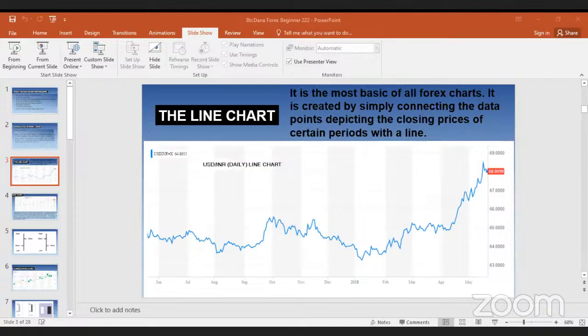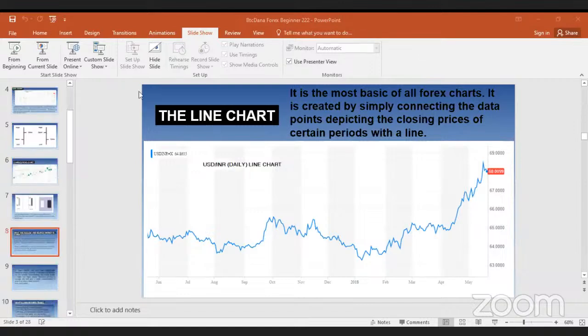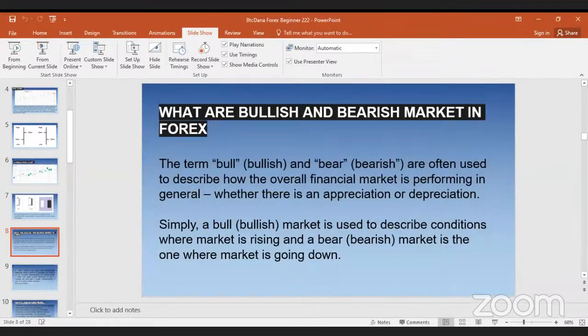If you are able to read this information, then you can trade the financial market profitably without any problem. That is what a candlestick chart pattern looks like. Now let's go back to our chart.